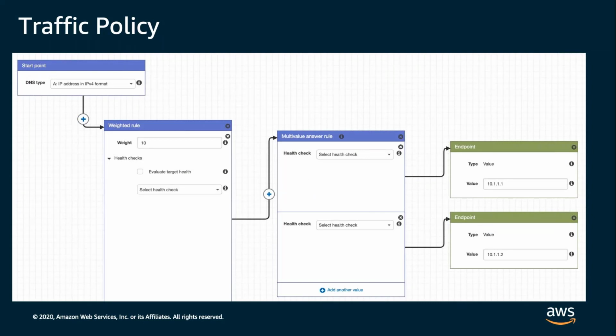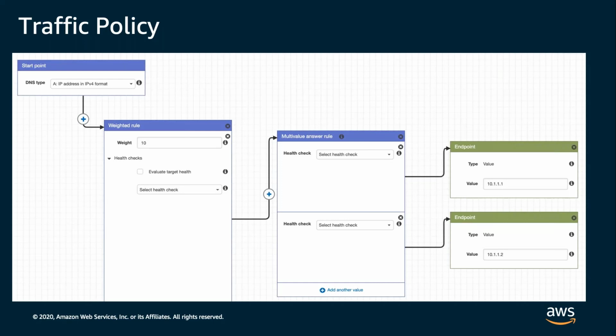We can wrap together a number of these advanced routing methodologies with a tool we call traffic policy. This is within the AWS console. You can build out a flow diagram. Here we've done an A record for IP addresses and then added in a weighted rule.